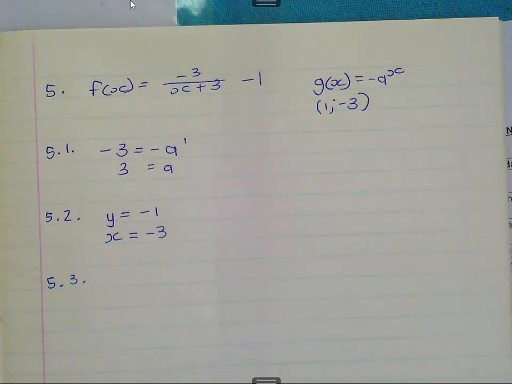Okay, so a domain is all of the x values possible. All possible x values. And the range is all possible y values. Don't confuse them. All possible x values for domain, all possible y values for the range.